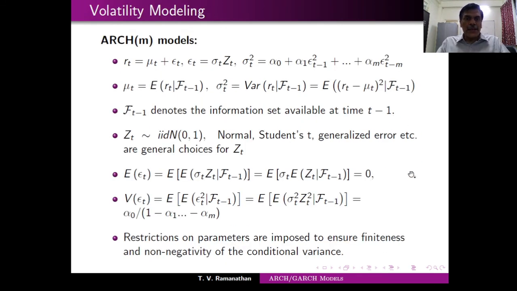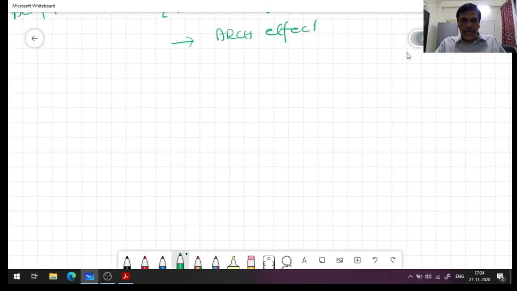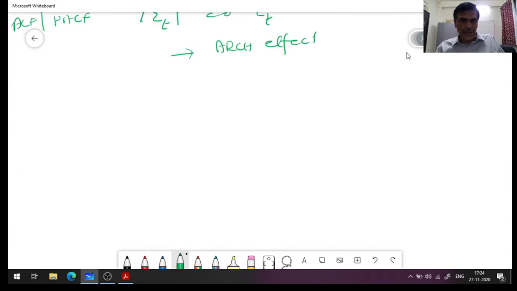Okay, let's go ahead. So what are we trying to model? These are called a class of multiplicative models. I have R t equal to mu t plus epsilon t. So this part is done, and now we are trying to model epsilon t.